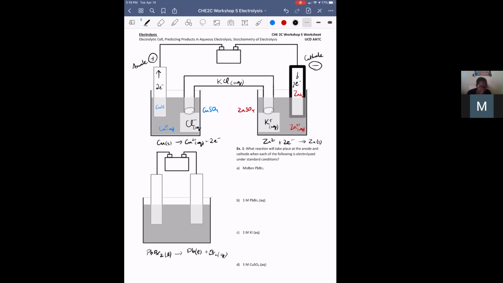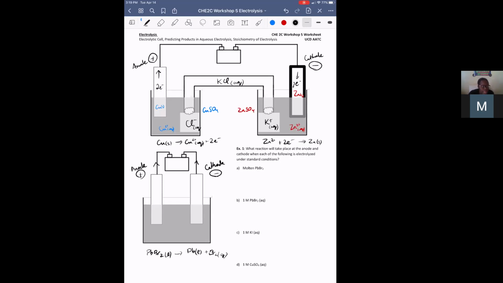We're applying enough energy for this to happen, and the flow of electrons still occurs from left to right. Our anode is still on the left, and this is our cathode. Our cathode is still negative, our anode is still positive.